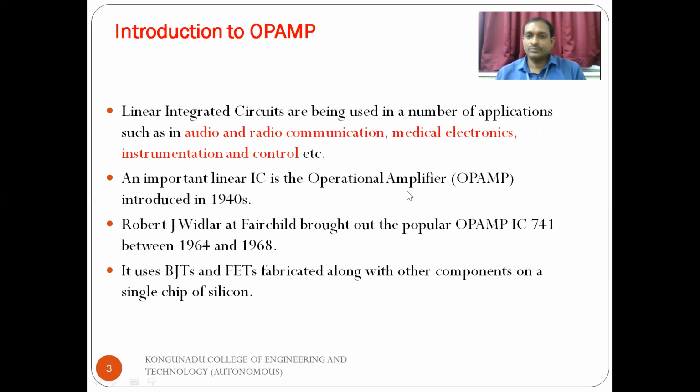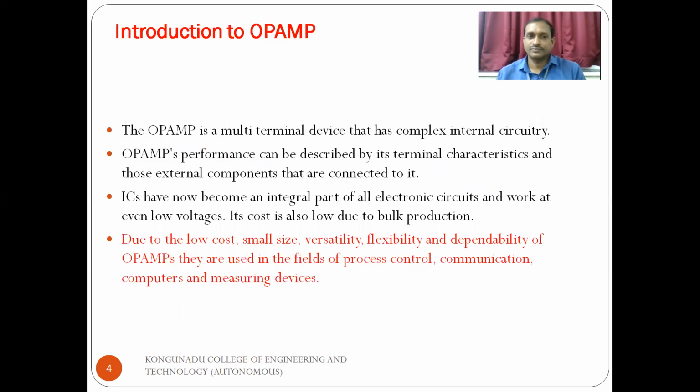It uses BJT and FET fabricated along with other components on a single chip of silicon. It is a multi-terminal device, but it has complex internal circuitry. The characteristics depend upon the terminals of the operational amplifier. It has more advantages: low cost, small size, and flexibility.